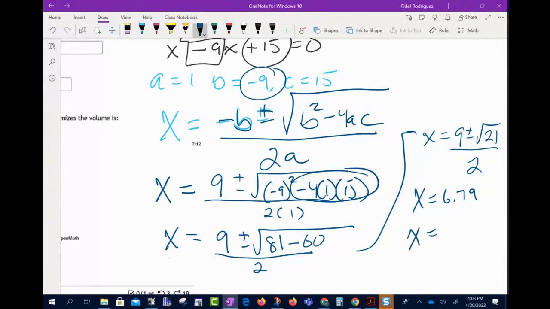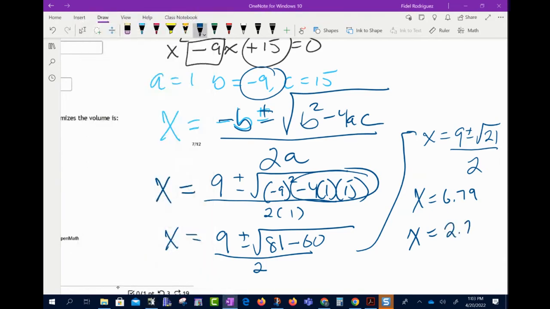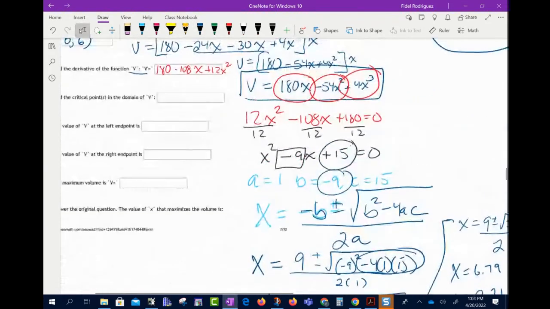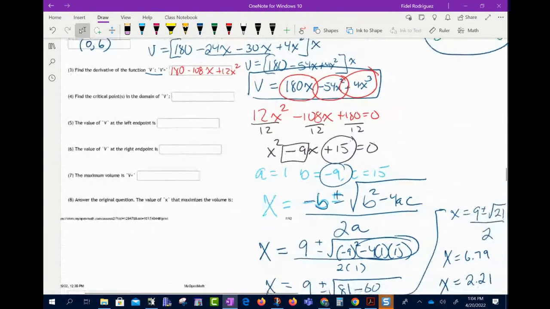Now my other answer, I'm going to do exactly the same thing, but instead of adding, we're going to subtract, right? Because that's what plus and minus means. It means one of them you add, one of them you subtract. And the other answer I'm coming up with, going to 2 decimal places here, y'all, is 2.21.